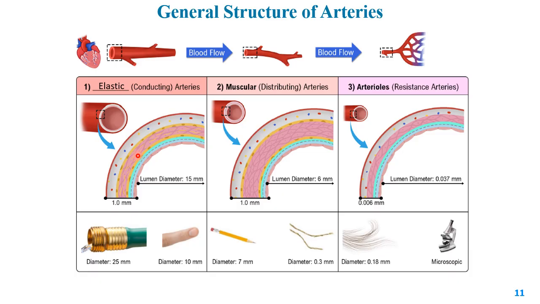They have this elasticity, right? So that expansion transforms mechanical energy into potential energy, and then the elasticity of those arteries pushes the blood back. It bounces back. It's going to keep on pushing the blood. Okay, and that is important.